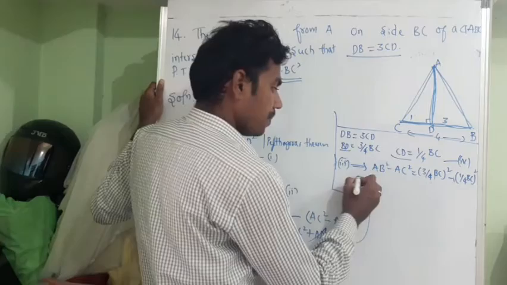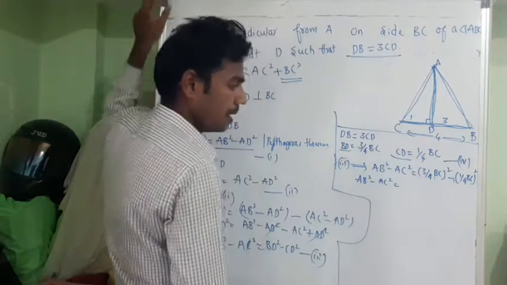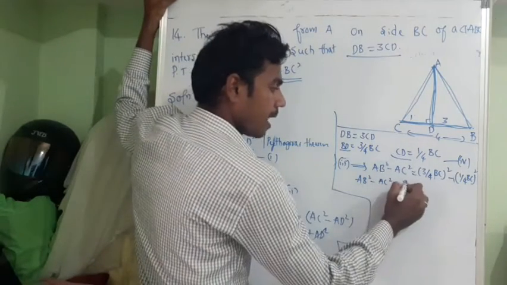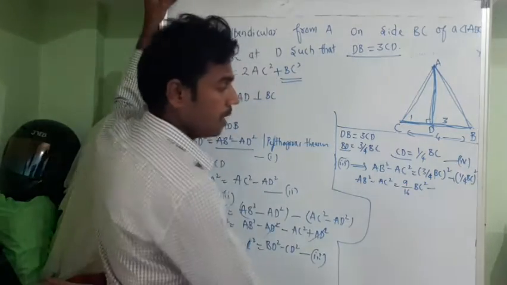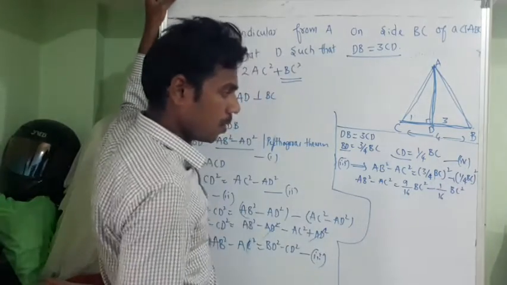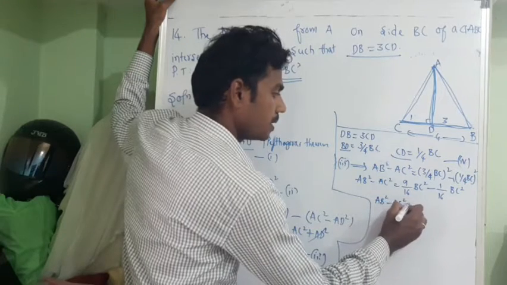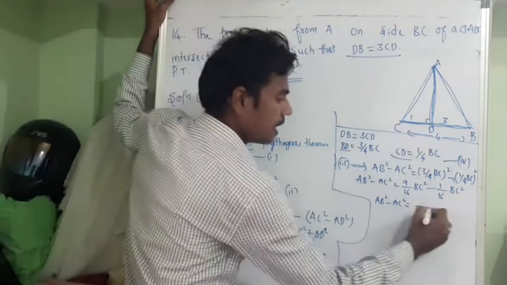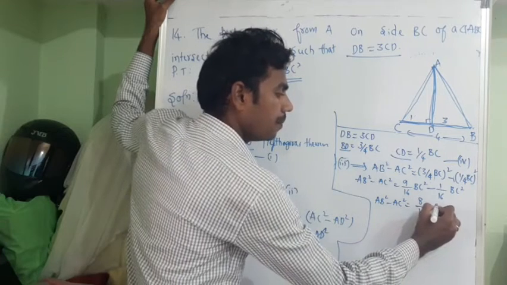Now AB square minus AC square is equal to 9 divided by 16 BC square minus 1 divided by 16 BC square. AB square minus AC square is equal to, 16 is the LCM, 9 minus 1 is 8, so 8 by 16 BC square.